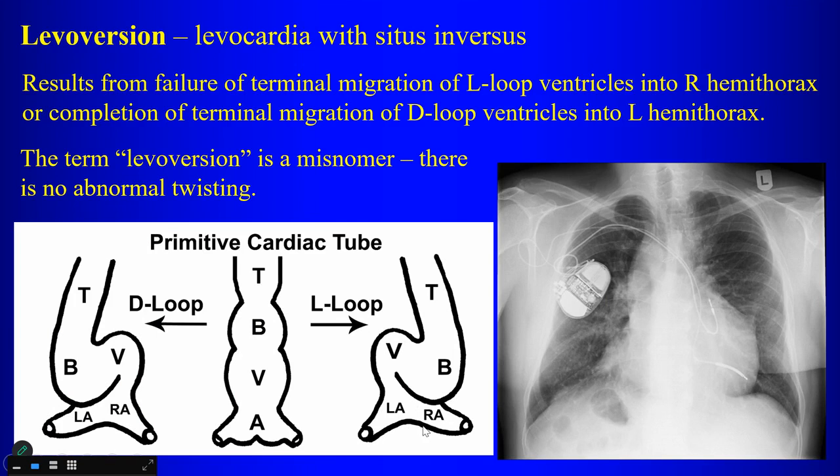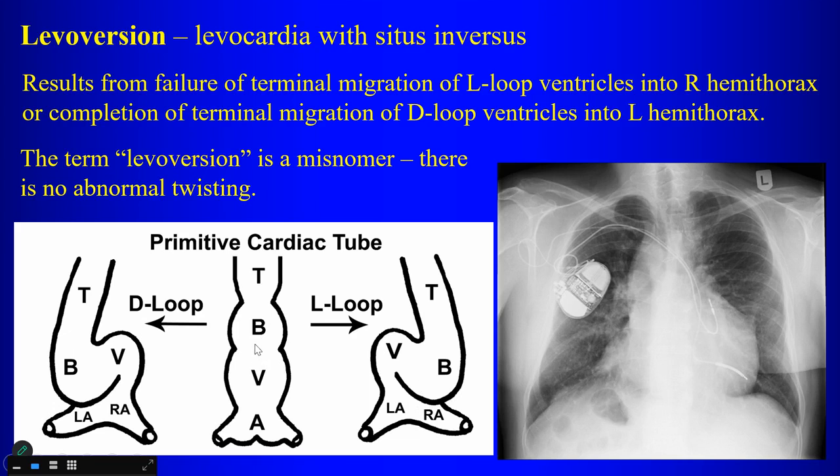What's the concordant loop? L-loop, right. That would be the concordant loop, okay? But if there's an L-loop, you'd expect that to migrate to the right. If it doesn't migrate to the right, then we wind up with this condition, levocardia with situs inversus.